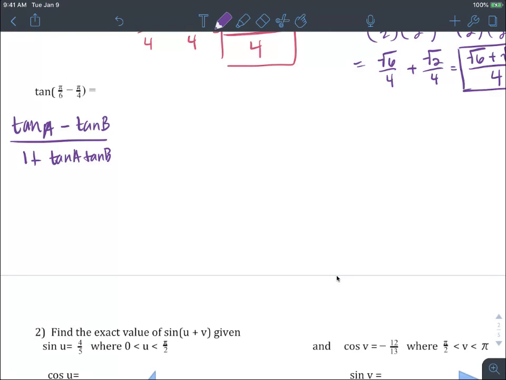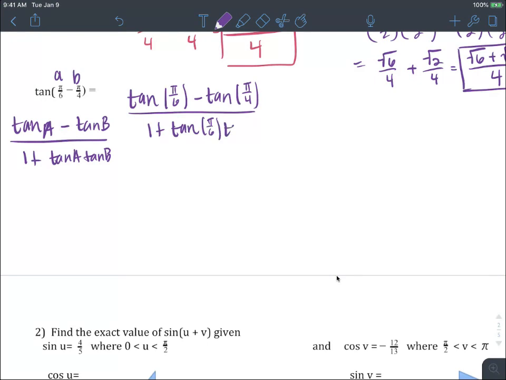Okay, so A and B. So the tangent of pi over 6 minus tangent of pi over 4 all over 1 plus tangent of pi over 6 times the tangent of pi over 4.